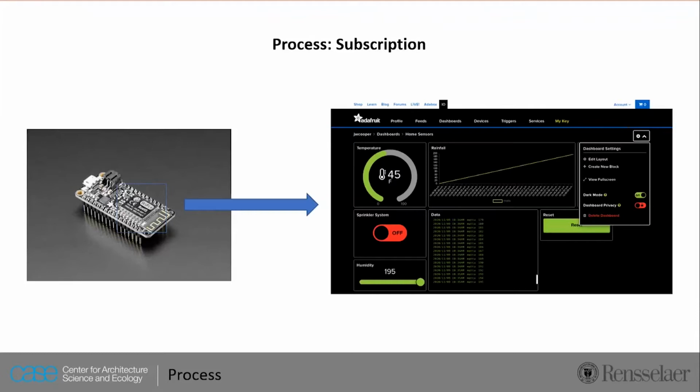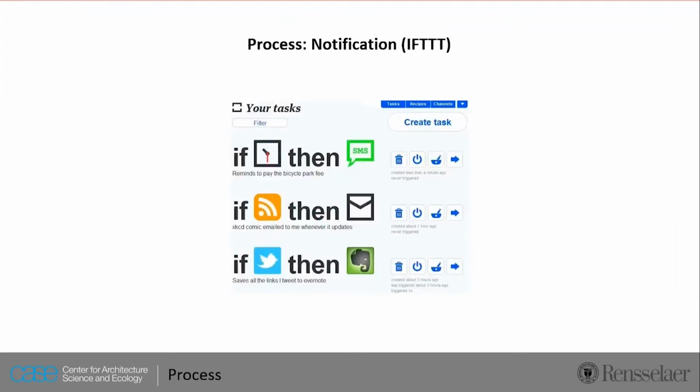Of course, this will vary depending on the sensors that you have and the data that you're collecting and subscribing to. Then finally, you are going to be getting notifications from an app called IFTTT, or an app that uses the IFTTT process. Pretty much it's like if this value exceeds this amount, then you'll get a message.